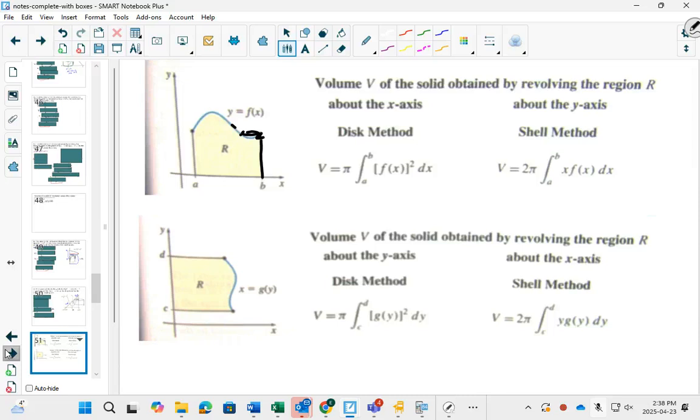So if your radiuses, like you see how my radiuses stay nice and easy along here? That makes the disc method easy if I'm rotating across there. But my radiuses this way, they start off fine, this would be no problem until, oh my goodness, now I have that little part and this part and this part.